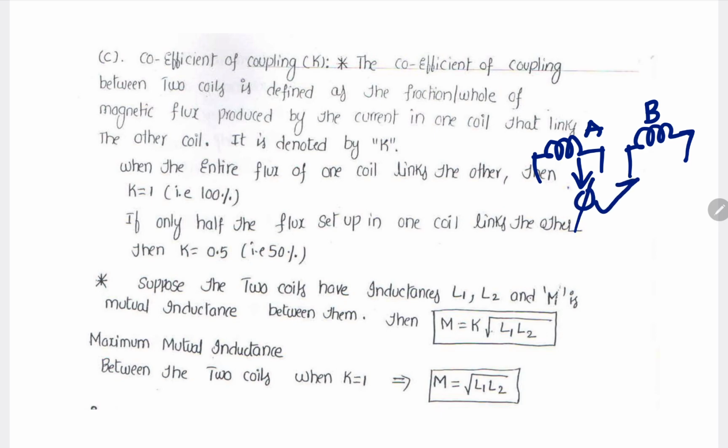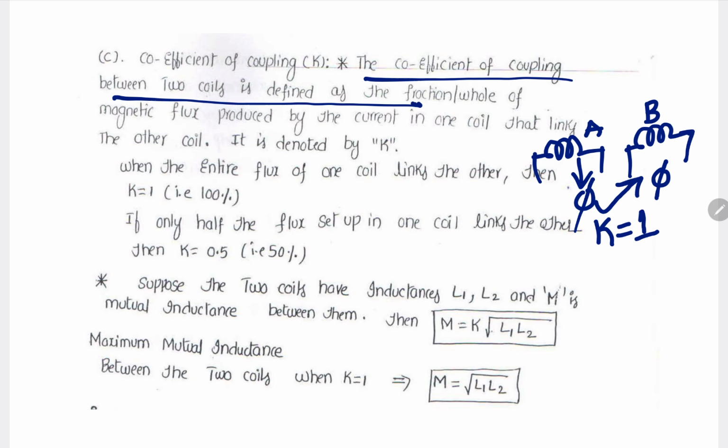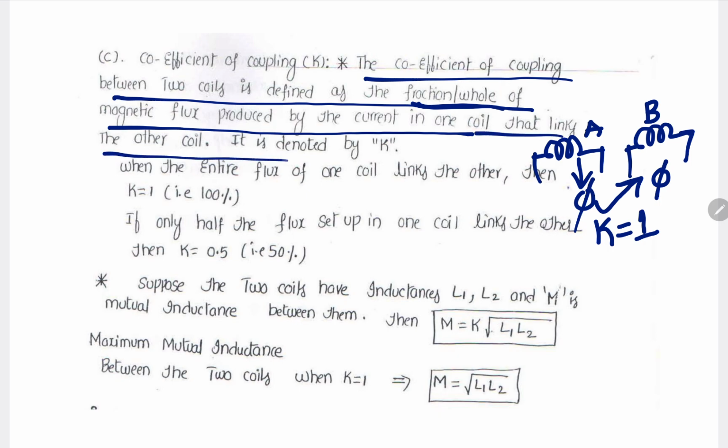If it is entirely linking with coil B, the same flux linked with coil B, then we say maximum coupling is happening. That is, we say the coefficient of coupling is equal to 100%. 100% is nothing but 1. The coefficient of coupling between two coils is defined as the fraction or whole of the magnetic flux produced by the current in one coil that links with the other coil. It is denoted by K.